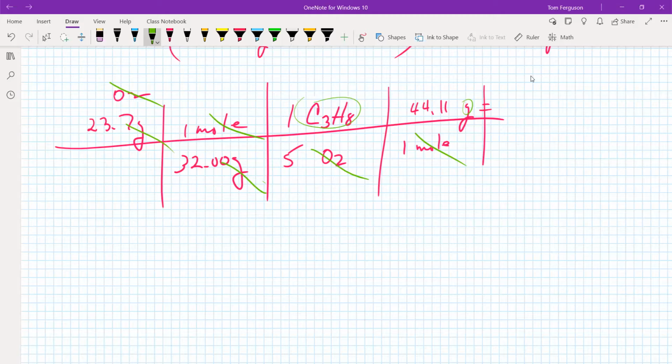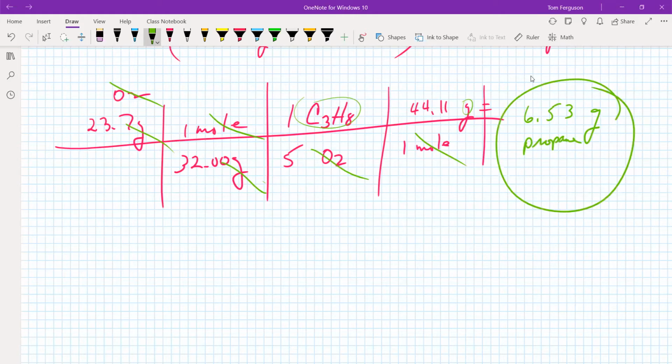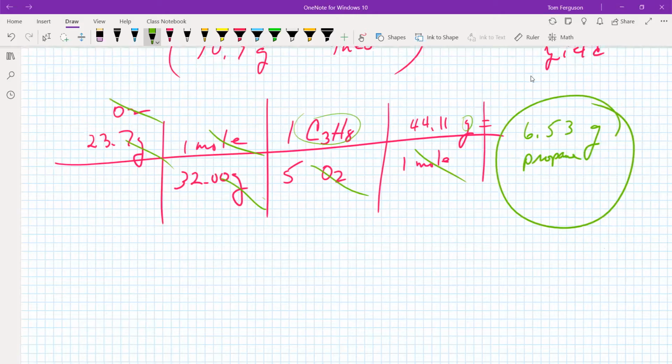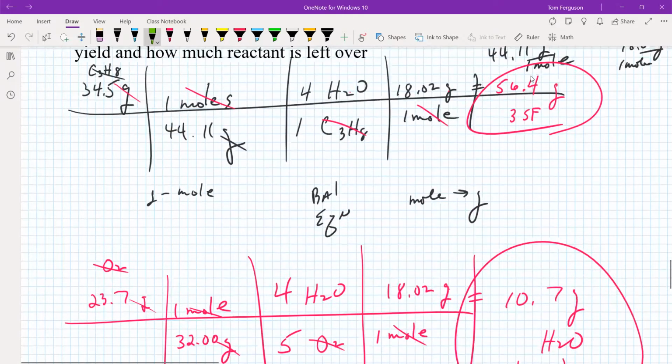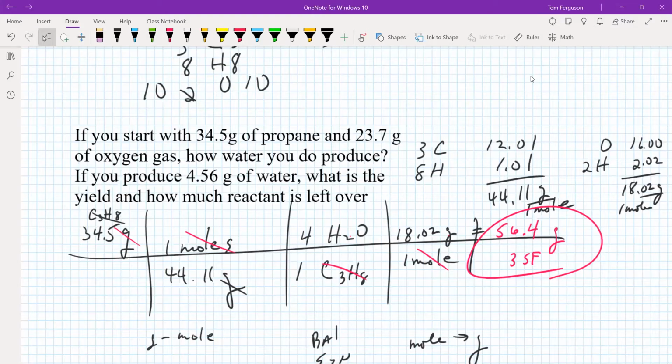Okay, so we've used up 6.533 grams of propane. We started with 34.5 grams.